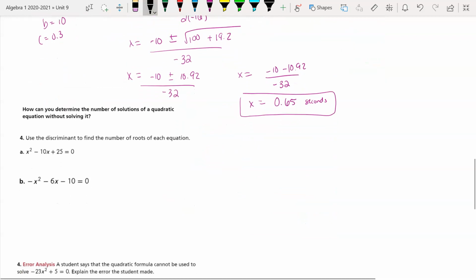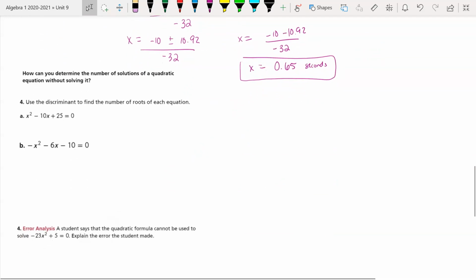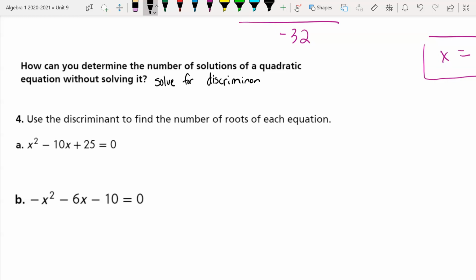So then it says, how can you determine the number of solutions of a quadratic equation without solving it? Well, we solve for something called the discriminant. So the discriminant is the b squared minus 4ac part inside your square root. If the b squared minus 4ac is greater than 0, you're going to have 2 solutions.